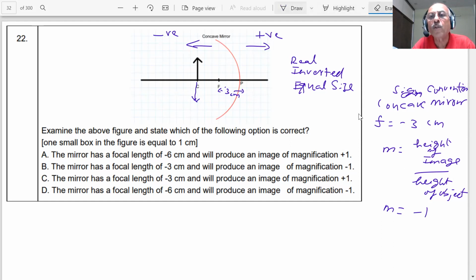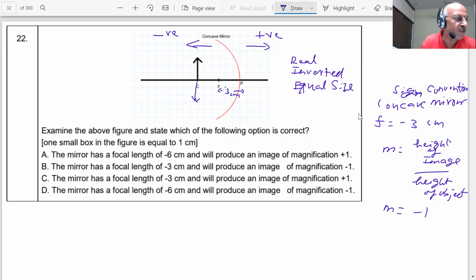You already know the mirror formula. Three blocks are there, 3 centimeter, and the image will be of equal size, so the height of the image is equal to the height of the object. But since the image is below the principal axis, that becomes minus sign, and this is plus sign. Therefore, equal size, and the answer will be -1.